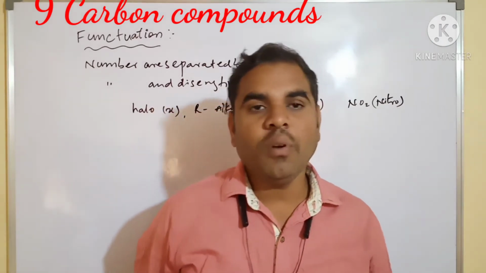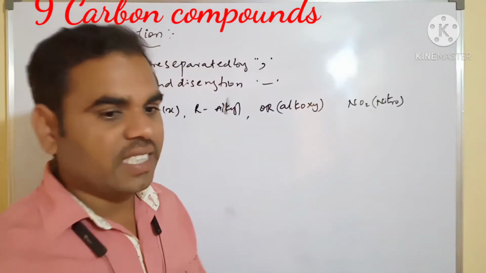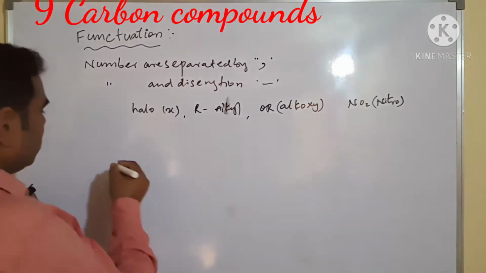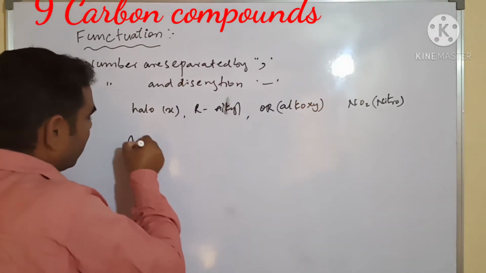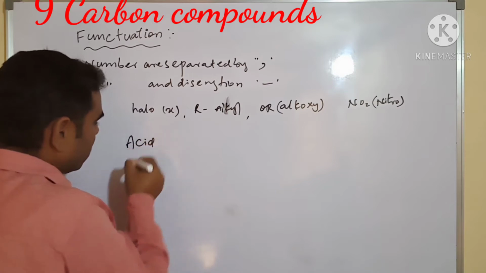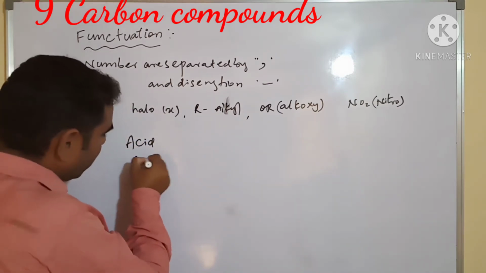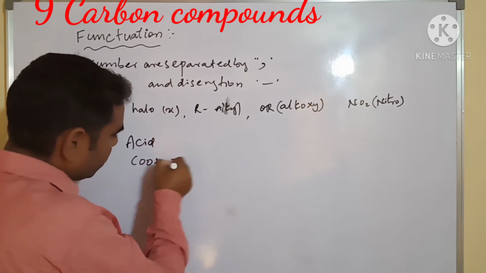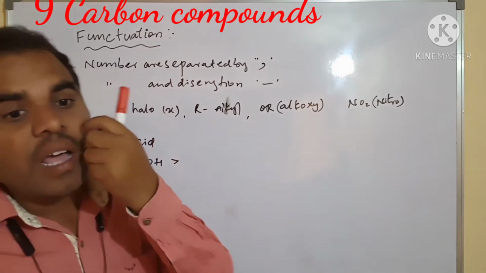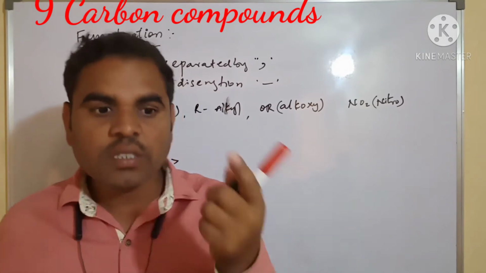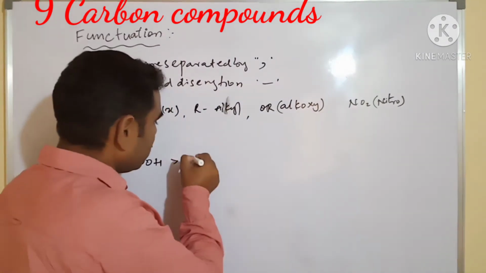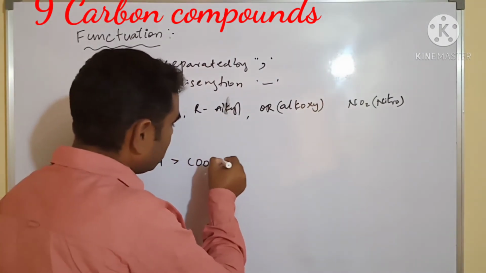For example, first we have to see the decreasing order: acid. Which acid is there? We have to write the acid. After that we have to write the ester, COOR ester.